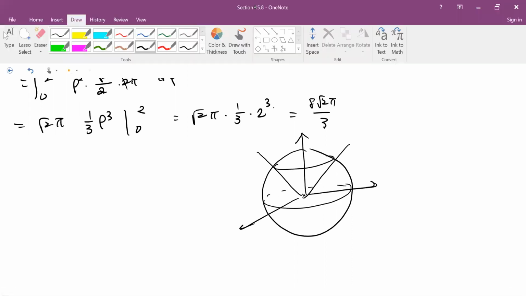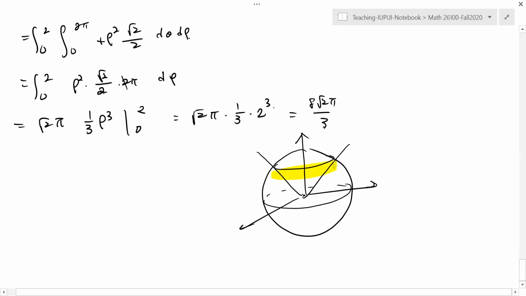If you do not use spherical coordinates, can we set up an iterated integral? So the answer is yes. There are two types of iterated integral you can set up, but I prefer the second one. So this is the triple integral, right?